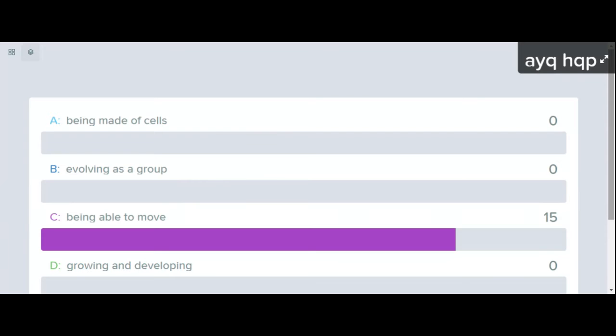Lots of people think about animals when they think about characteristics of life, and then they say things that animals can do, but a mushroom can't do, or a paramecium can't do. The entire list has to be written so that every single thing that is alive, from a single cell to the koala bear, has those abilities.